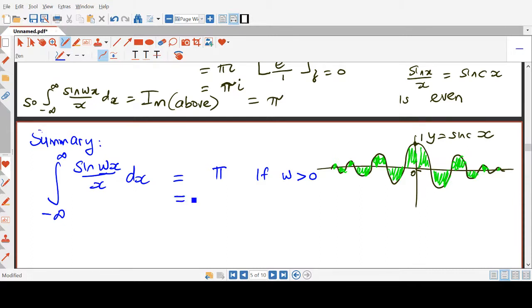In the instance when omega is 0, then you will be having sine 0 over x, so it will be 0.